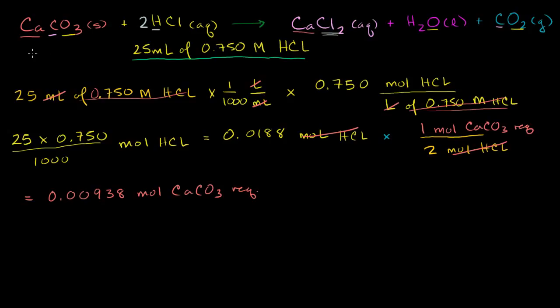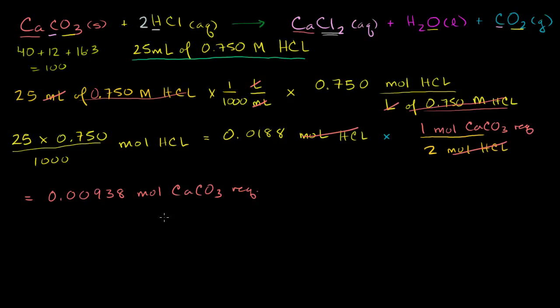You could look up the atomic weight of calcium on a periodic table. It is 40. And then you have a carbon in there, that's 12. We've seen that a lot. And then you have an oxygen, which is 16, but we have 3 of them. So 16 times 3 is 48. So it's going to be 40 plus 12 plus 48, which is equal to 100. So it has a molar mass of 100.